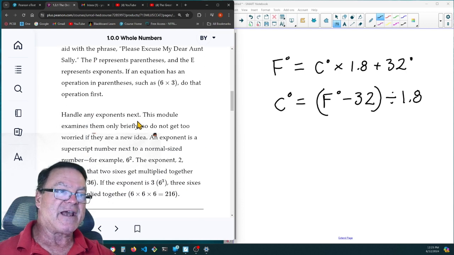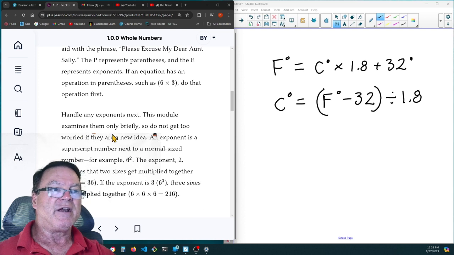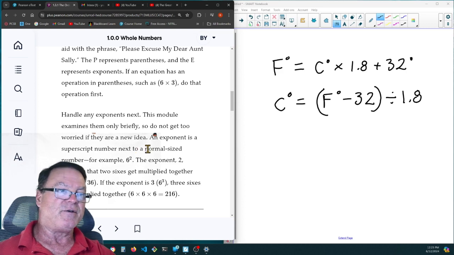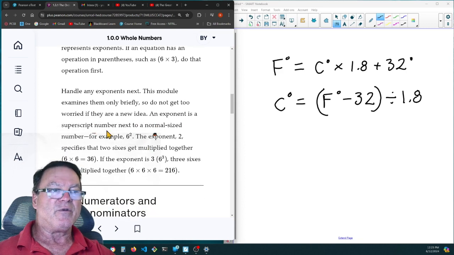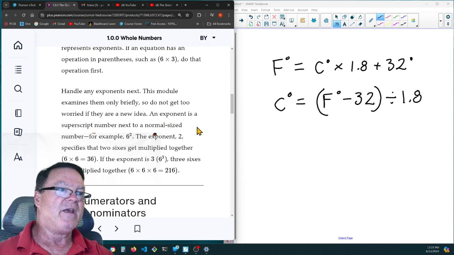Handle any exponents next. This module explains them only briefly, so do not get too worried if they're a new concept to you. And then we would do multiplication and division next, and then addition and subtraction last.